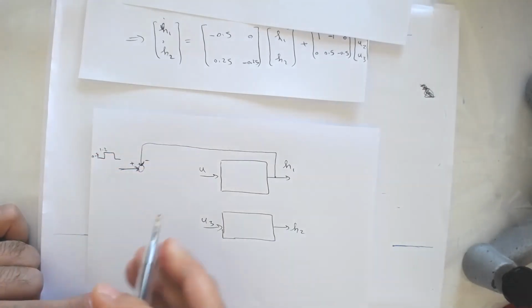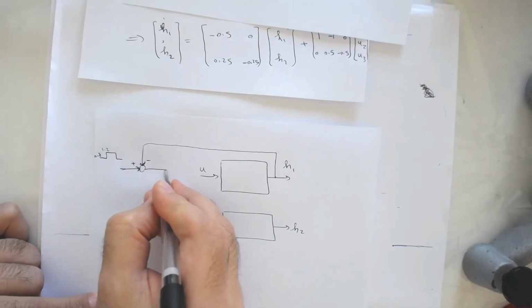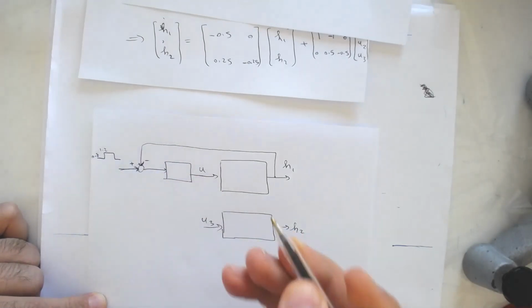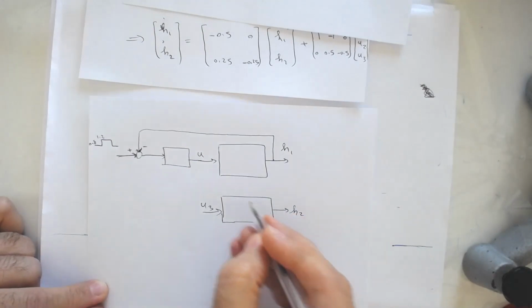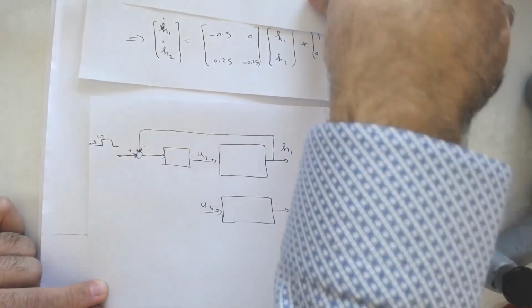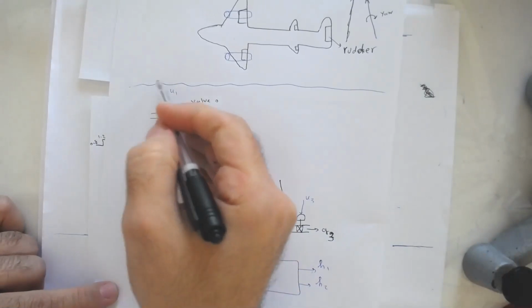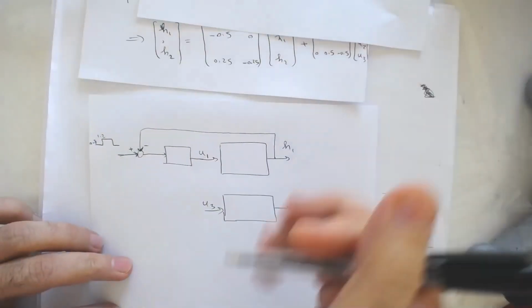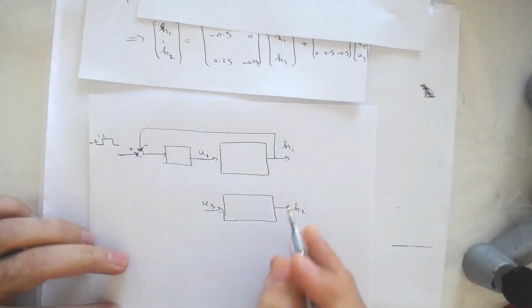So a pulse signal that changes like that. And then you have a controller here. You can use a PI controller. And this is U1. So basically we are using U1 to control the level of the first tank. And here we use U3 to control the level of the second tank.